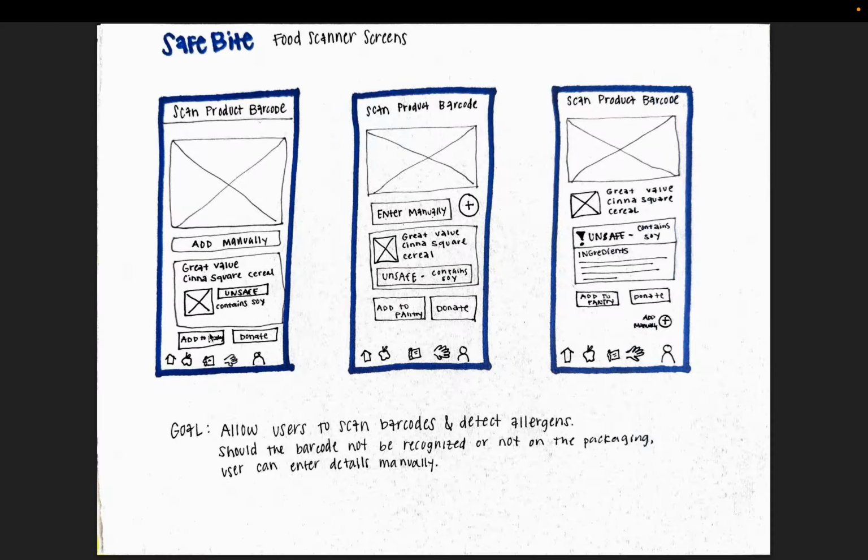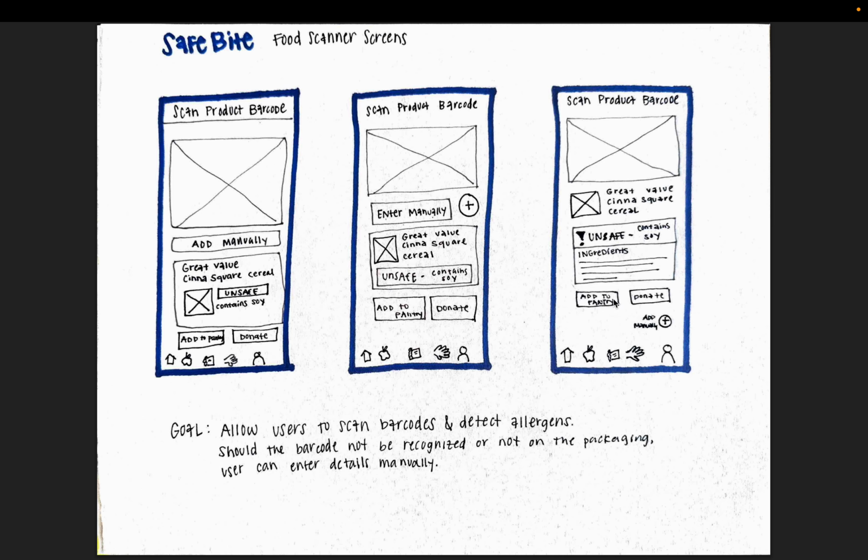And then you have the option to add it to your pantry or to mark it for donation to a local food bank or shelter or wherever you have set up in your profile that you like to donate to. And then again, we just have the menus on the bottom.